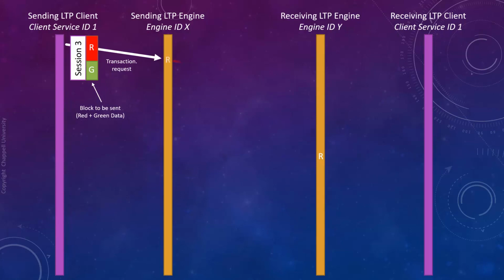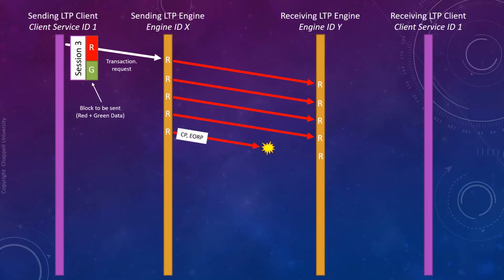Red data goes across, red data goes across, red data goes across, red data goes across. We have a checkpoint, end of red part here. Remember, now we've got red and green data, so we can't say end of block here. But we can say that we want a checkpoint and end of red part because we're about to go on to green. Anytime you say end of red part, you have to do it as checkpoint.